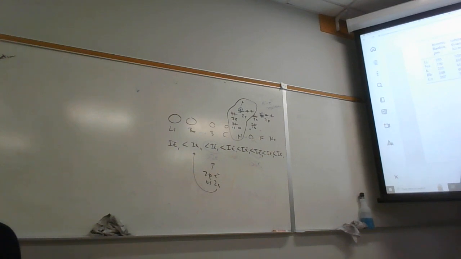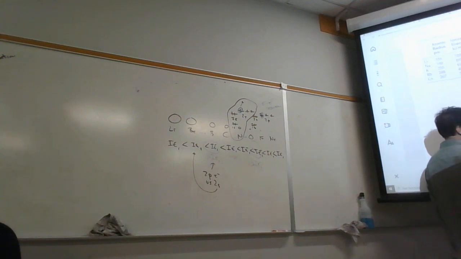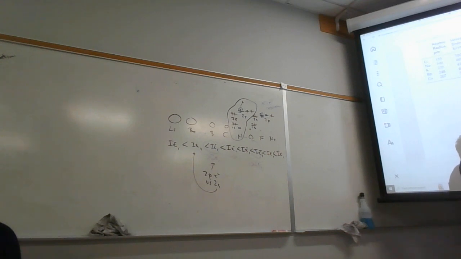And so magnesium has 2 valence electrons. The first one's 738, the second one's 1,400. If we want to ionize both to form magnesium 2+, then we have to add these together by Hess's law. And so ionizing 2 electrons off of magnesium is going to cost about 2,100, 2,200. But ionizing the third one, significant cost.